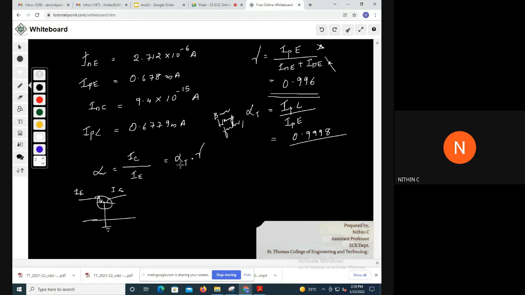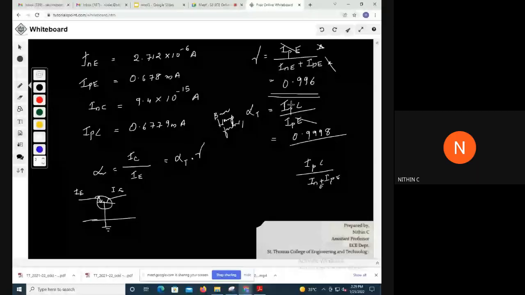That is, when you multiply the emitter injection efficiency gamma with the base transport factor alpha T, what you are getting is alpha, or current gain. You just need to multiply these two values in order to get alpha.